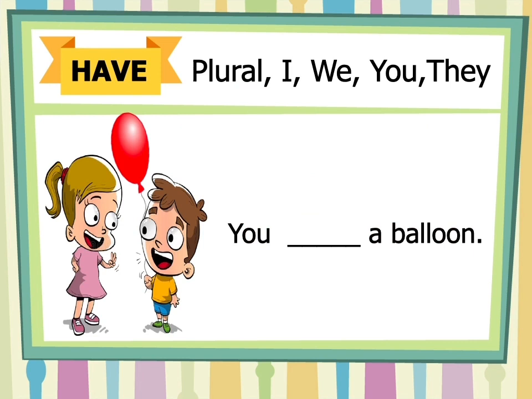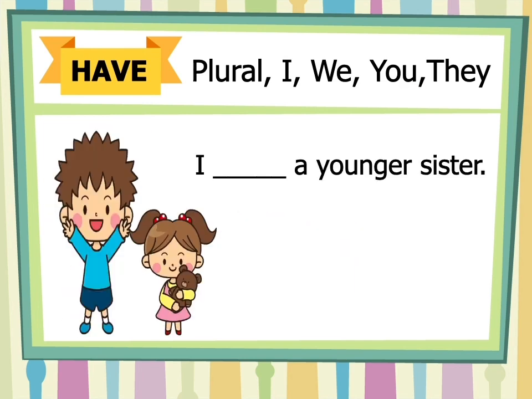Let us see the next one. You dash a balloon. Here we can see you in this sentence. Let us see the rule box. You is there in this rule box. So we will write here, have. You have a balloon. Let us see the next one.